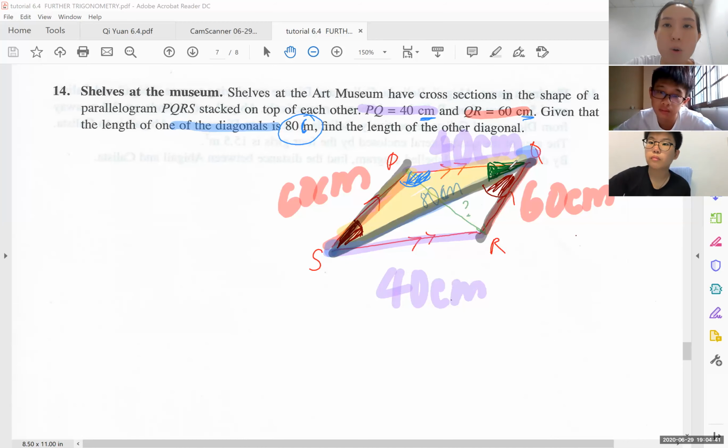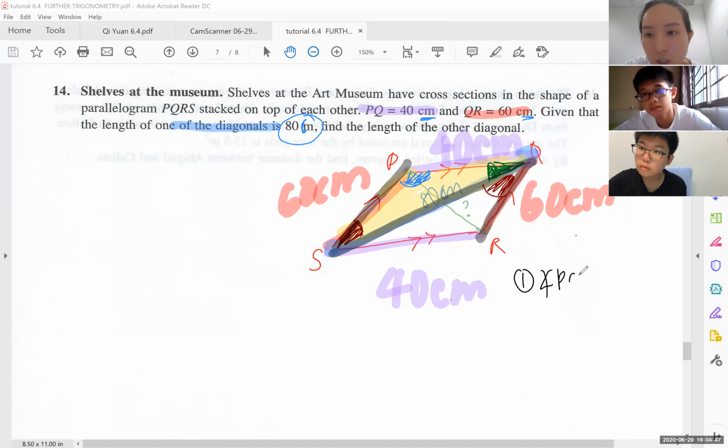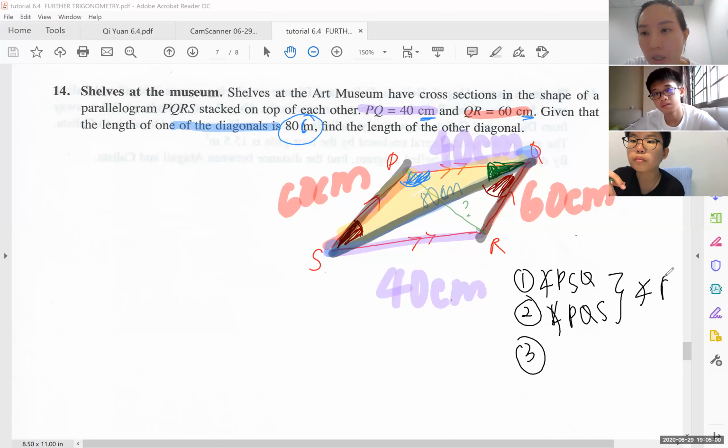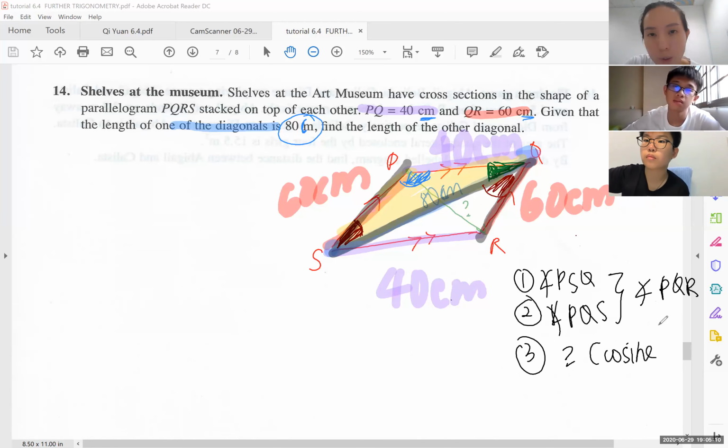So the whole goal is number one, you need to find your angle PSQ. You need to find your angle PQS. And then these two will add up to give you angle PQR. And once you have PQR, you can find your question mark using cosine. With that, you all can start doing question 14.